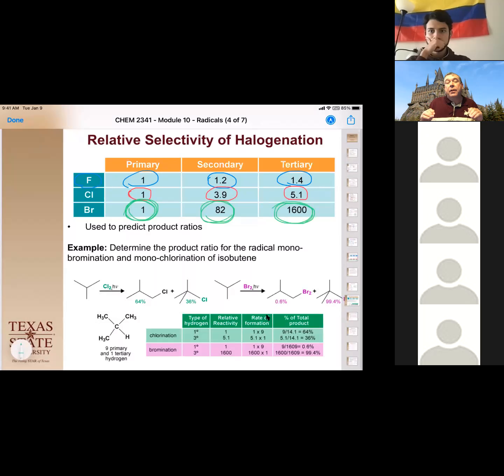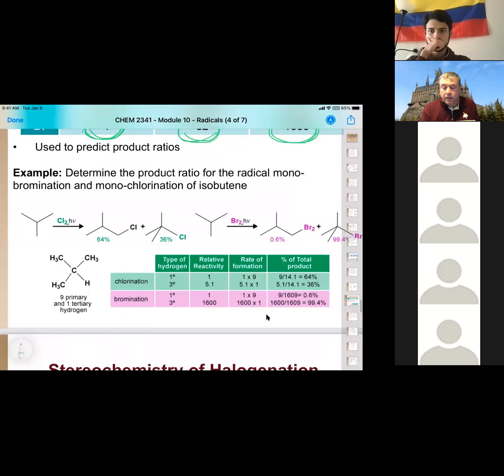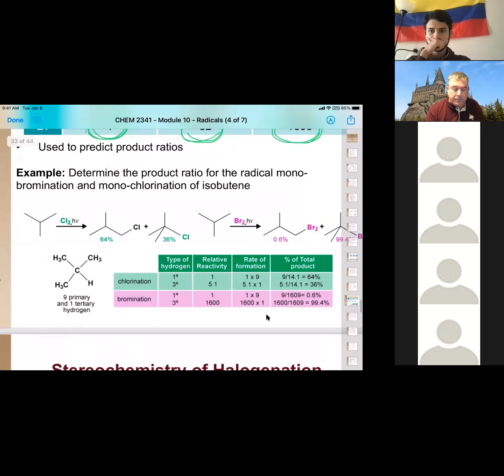Now let's apply that selectivity and the number of possible bonds formed and see what our product ratios might be. So if we go down here and do 2 examples right here. In this particular case, with this substrate, we have 1, 2, 3 primary carbons and 1 tertiary carbon.